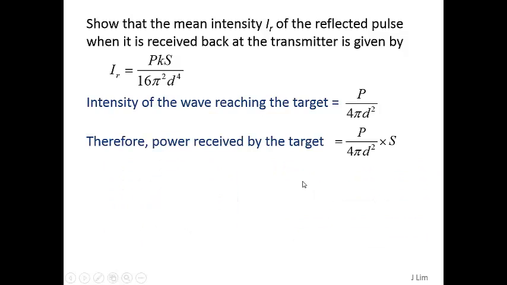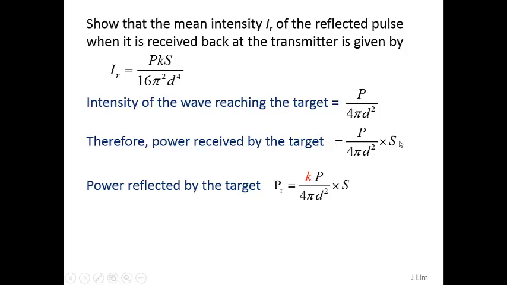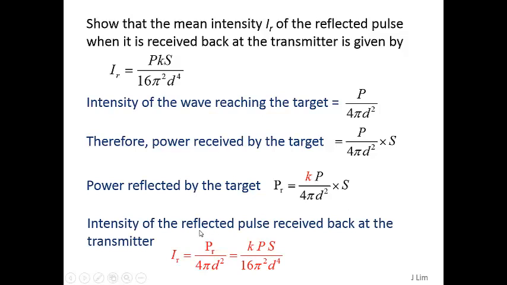So the power received by the target will be P over 4 pi d squared, that's the intensity, multiplied by the area of the target. The power reflected is a fraction, so it's multiplied by k, and the intensity received back at the transmitter will be reduced by another factor of 4 pi d squared, so we end up with kPS over 16 pi squared d to the power of 4.